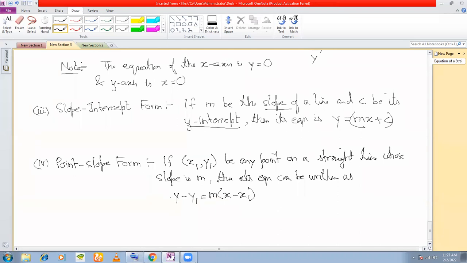Okay, remember, y minus y1 is equal to m times x minus x1. This is the point slope form.